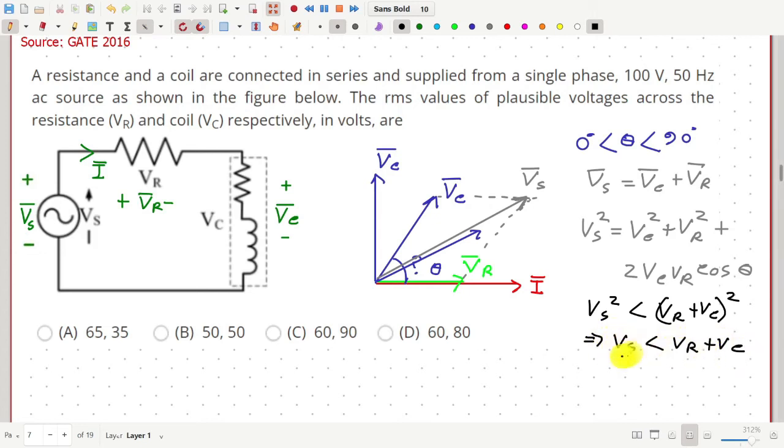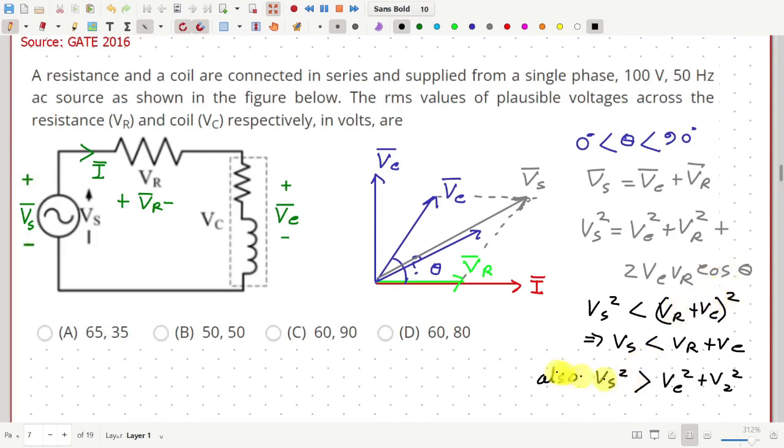The magnitude of the source voltage should be less than the sum of the magnitudes of resistor voltage and coil voltage. Also, Vs squared is greater than VC squared plus VR squared, because cos theta is not 0.